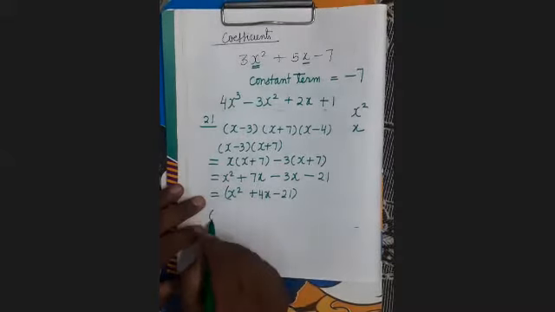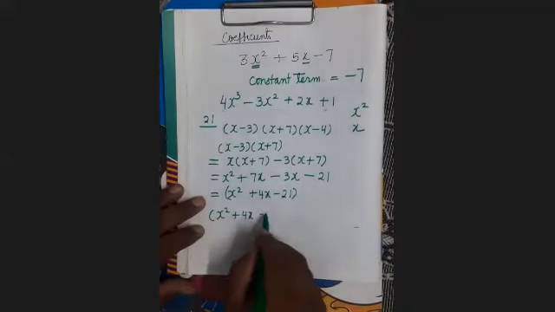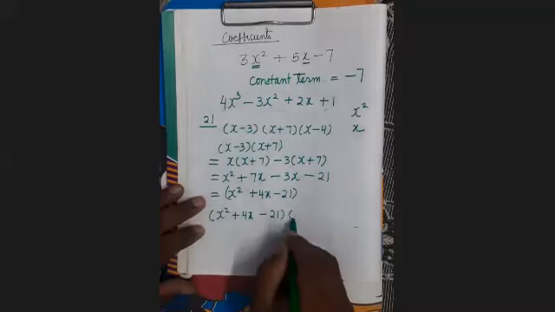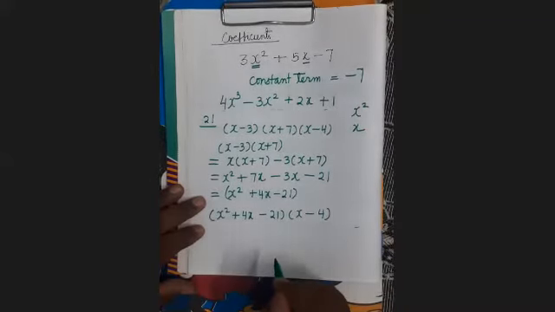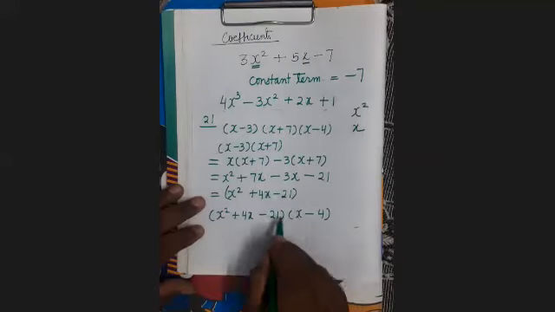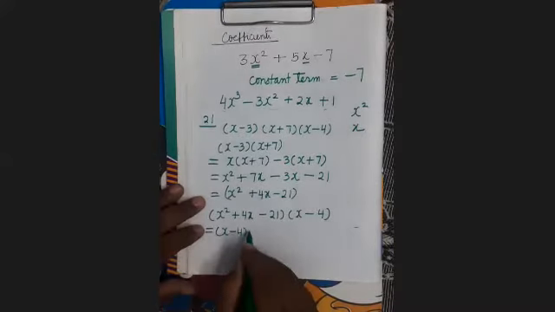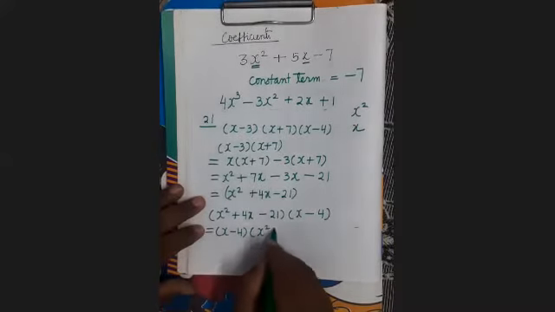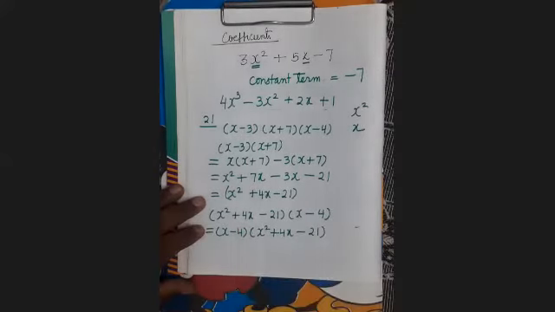Now see here, this is x square plus 4x minus 21 into x minus 4. Now what will you do? x will multiply with all these, or you can write it this way. First you write x minus 4, then you write x square plus 4x minus 21.